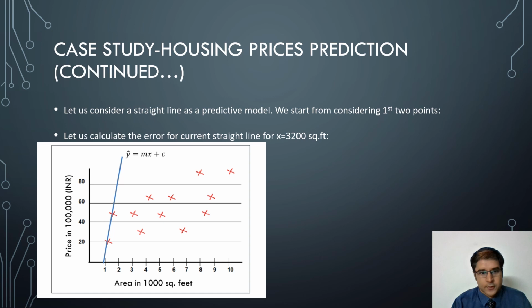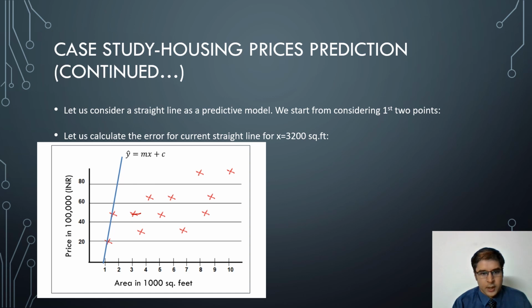Let us consider a straight line as a predictive model. We start by considering the first 2 points. Given the first 2 points, we mark a straight line through them. Let us calculate the error for the current straight line at x equal to 3200 square feet, which is this point here.